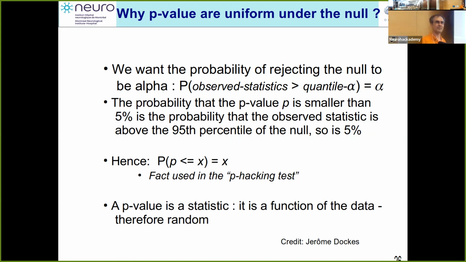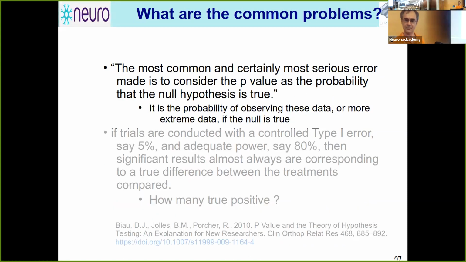I think he talked about p-hacking. Anyway, maybe I'll go over that again. But the interesting thing is it can be used to test whether we are under the null across many experiments, and I'll show you that.